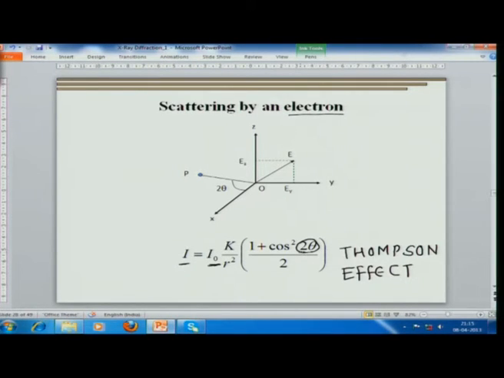So, we can correlate that the intensity of the X-rays on interaction with electrons changes as a function of theta.